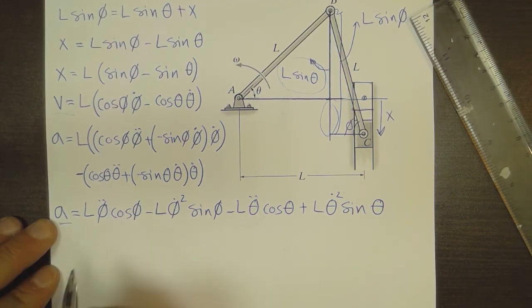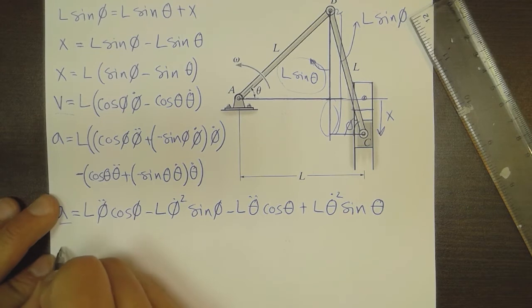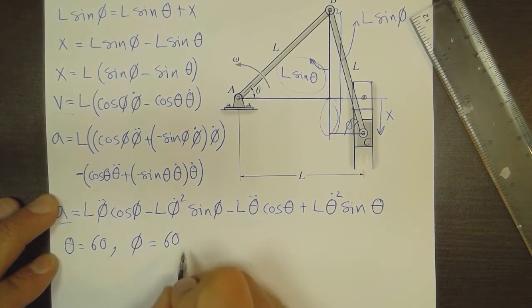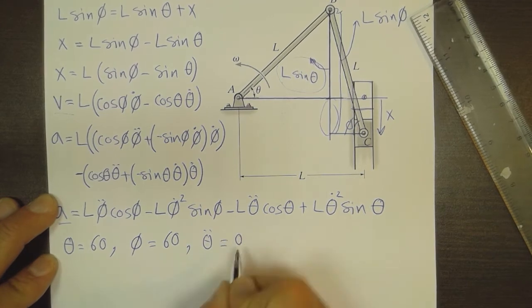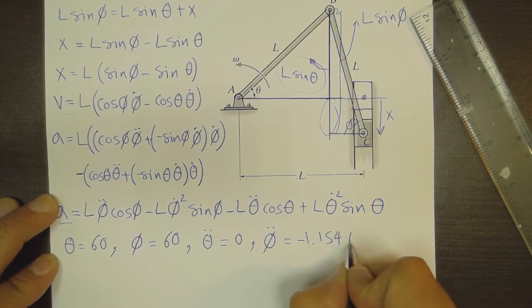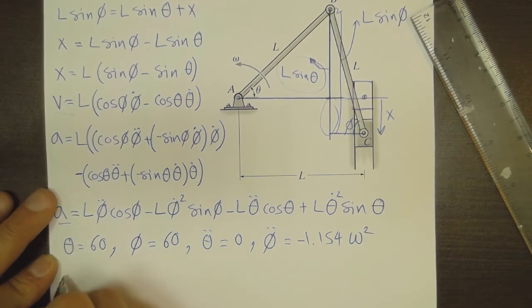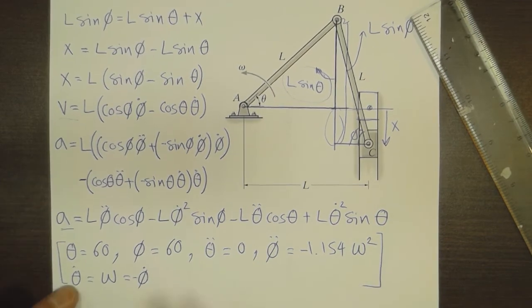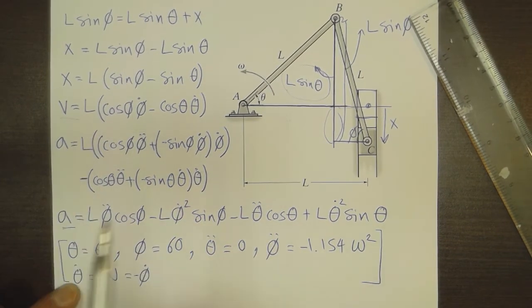The parameters are: theta equals 60, phi equals 60, theta double dot equals 0, phi double dot equals minus 1.154 omega squared, and theta dot, which is omega, equals phi dot but with a minus sign. I'm going to substitute these parameters into the equations of the velocity and the acceleration.